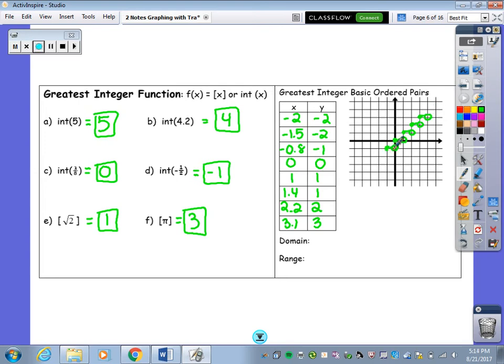Closed circle, open circle. Like this, and so on, and goes on forever. So our domain is all real numbers, and our range is all integers. It doesn't touch anything in between. It can't touch here, which is why the range is only integers. The y value can only be integers, while the domain could be anything.